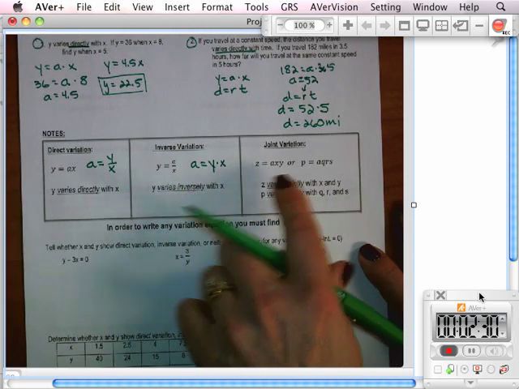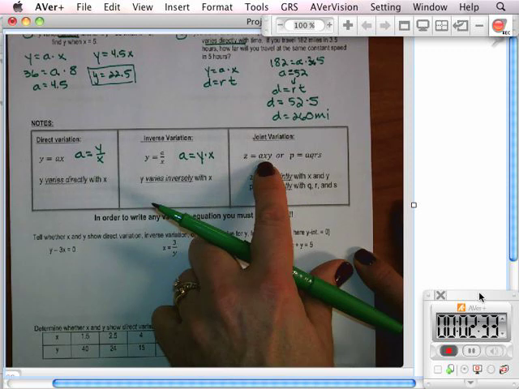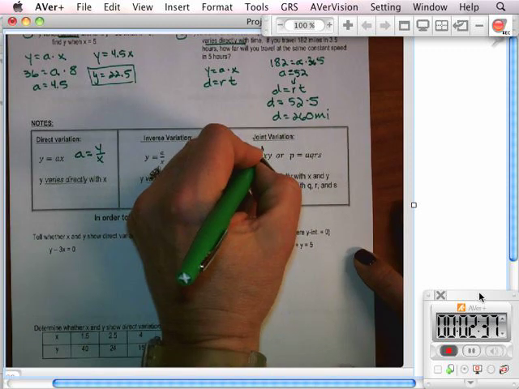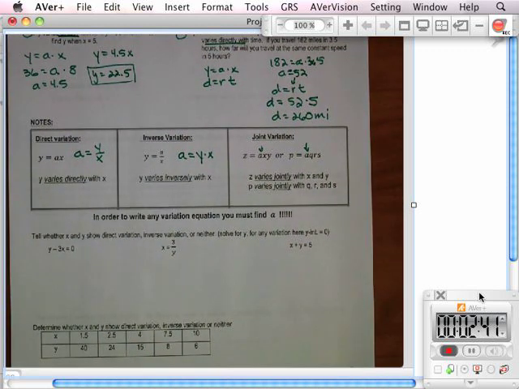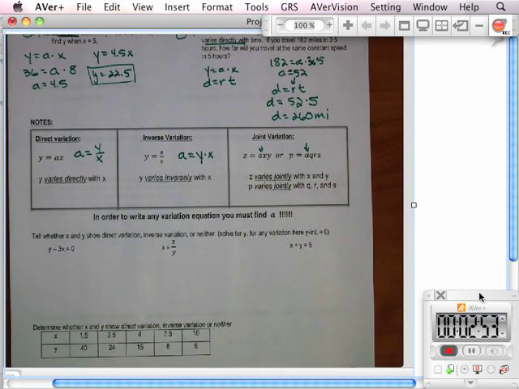Okay? This is a new one for me, joint variation. Basically, you have a constant times 2 or more variables. a, again, is your constant. Here, we don't really necessarily need to figure out what it would look like to solve for a, because as of right now, you're not going to do much of that. So if you see z varies jointly with x and y, that means it's a times x and y. q varies jointly with q, r, s, that's a times q times r times s.